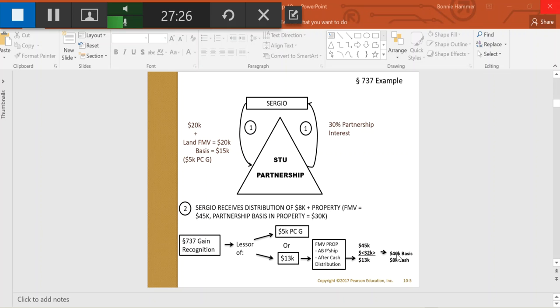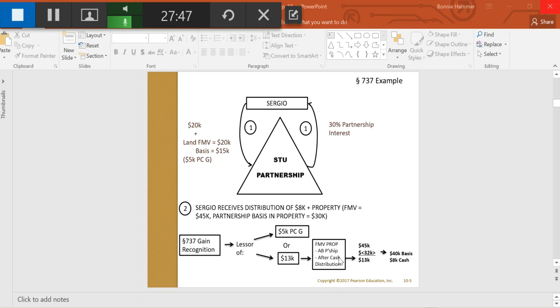So his beginning basis was $40,000. They tell us in year 2 his basis in the partnership interest is $40,000. We have to reduce that by $8,000 of cash that he gets distributed, because distributions actually reduce basis, right? So now his basis in the partnership interest is $32,000.